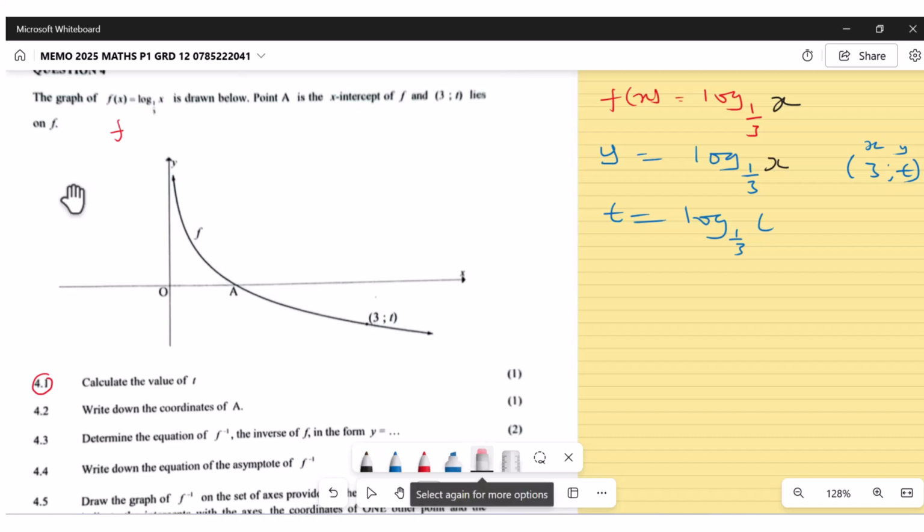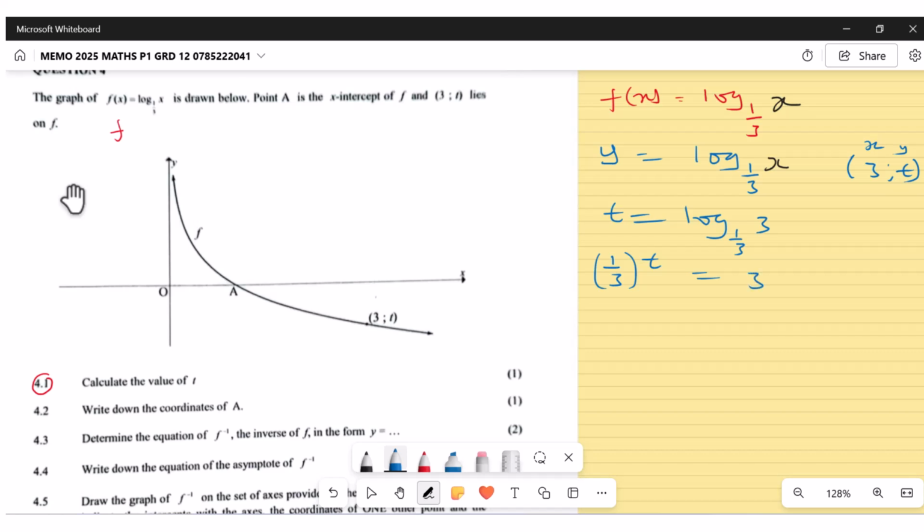Now to get our t here, if we are solving a log equation, better put it to exponential. But we must note that the exponential and the log have the same base. So here our base is 1 over 3, so it's going to be 1 over 3 to the power t equals 3.